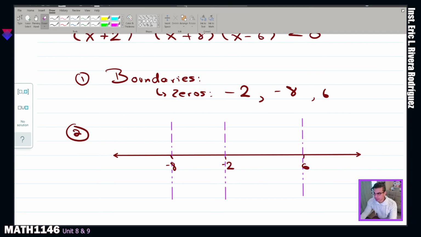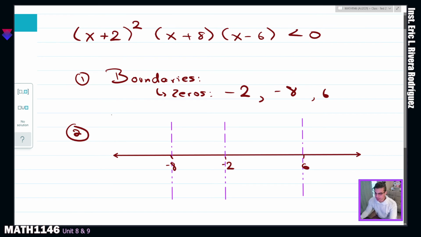I'm going to identify the regions, which is going to help me write the solution at the end. So from -infinity to -8, region A; from -8 to -2, region B; from -2 to +6, region C; and from 6 to +infinity, region D.